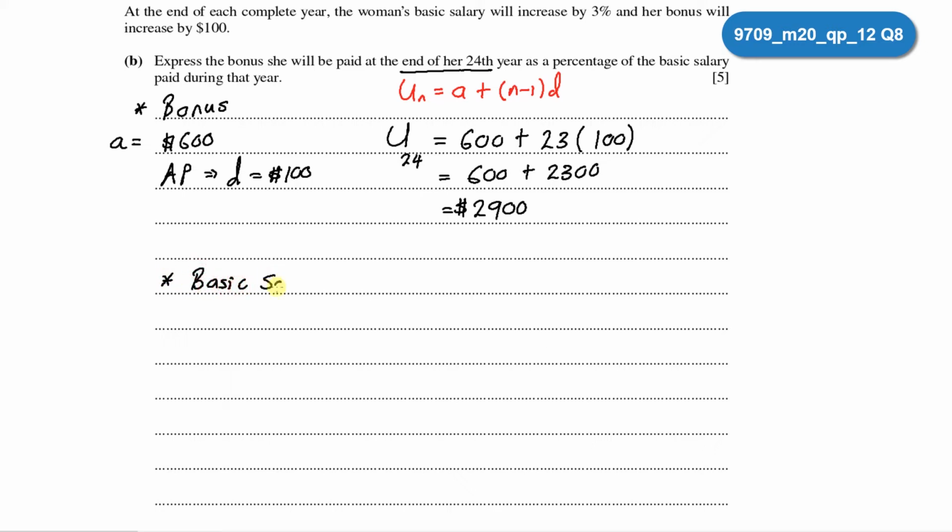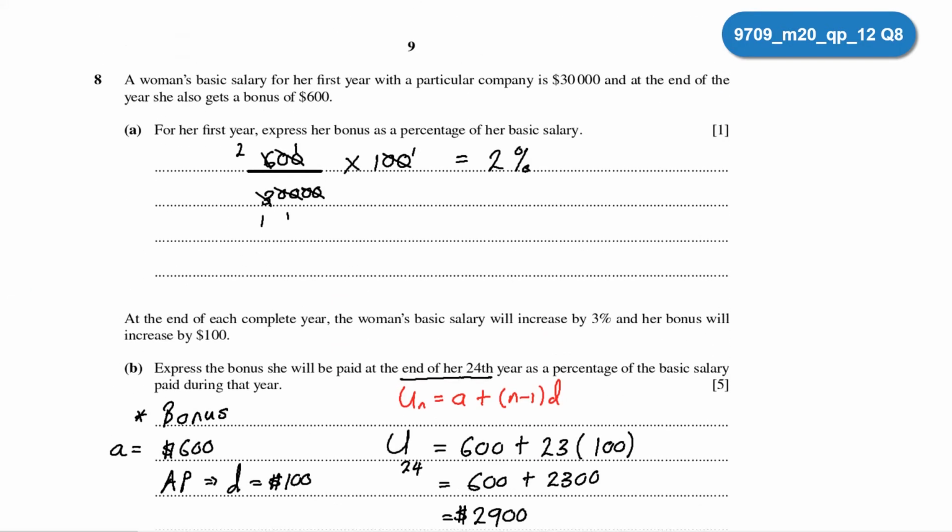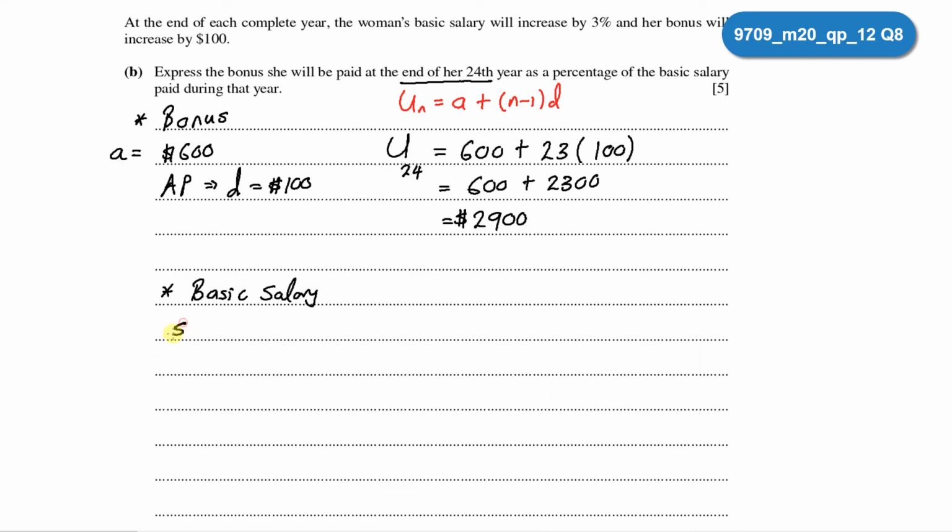Okay, let's talk about the basic salary. The basic salary, according to the question, started out at $30,000. And then it is increasing at 3% at the end of each year.